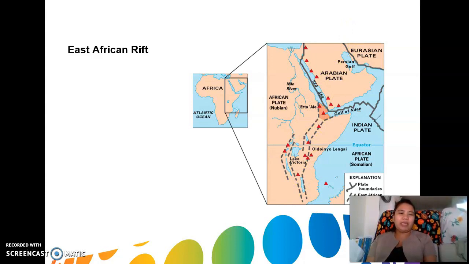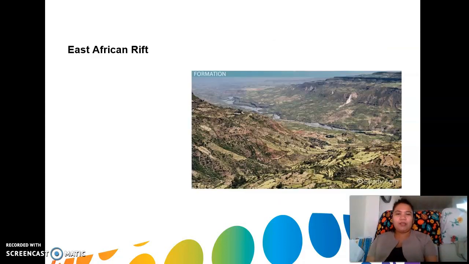In this case, that would be the African continental plate. So, another picture, this is a picture of the East African rift. As you can see, there is the crack, this crack or fissure in between the African plate and the Arabian plate.